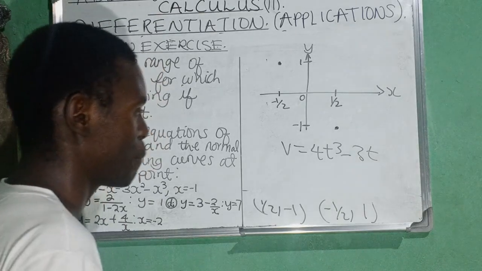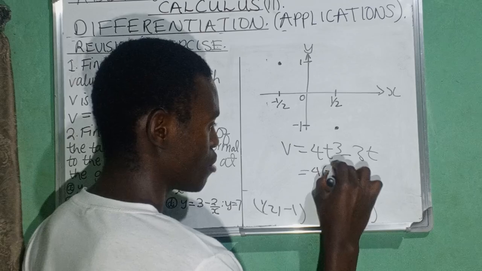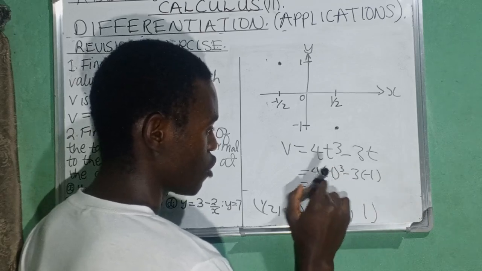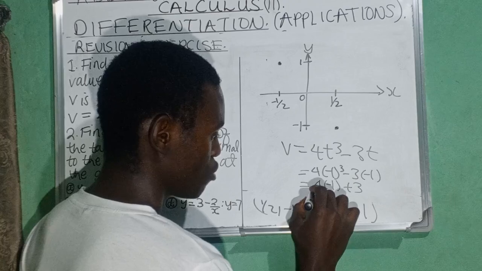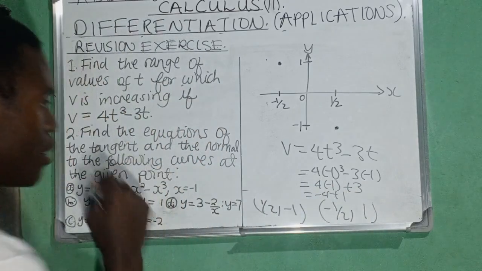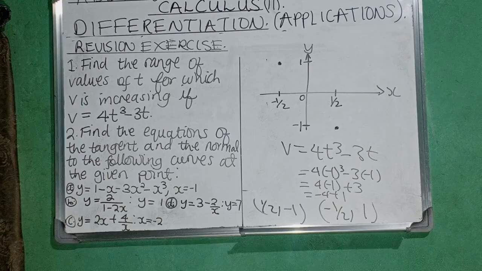So let me just do a rough working: 4 multiplied by negative 1 cubed minus 3 multiplied by negative 1. So it's just 4 multiplied by negative 1 plus 3. So it's going to be negative 4 plus 3. And in this case, as you can see, v is going to give you a negative 3.